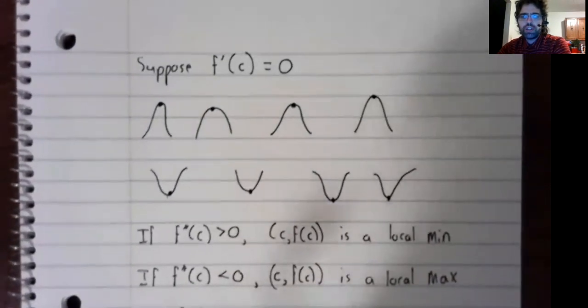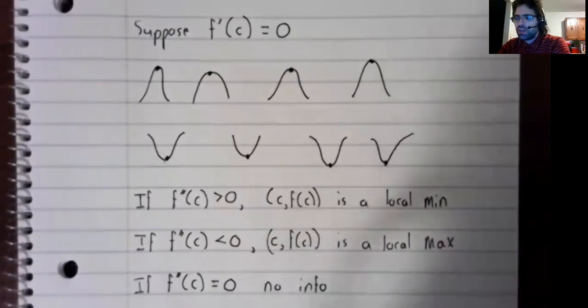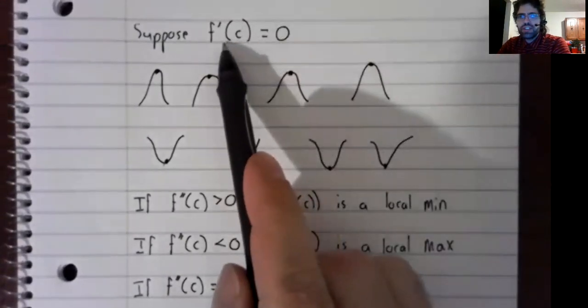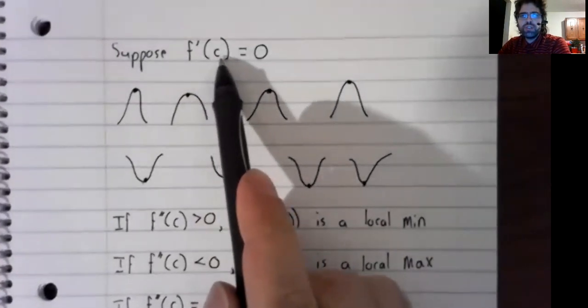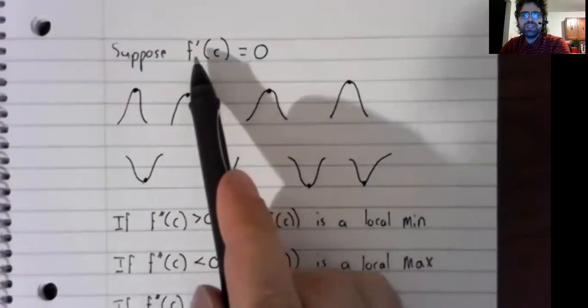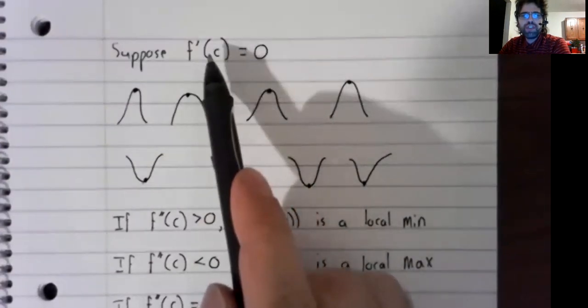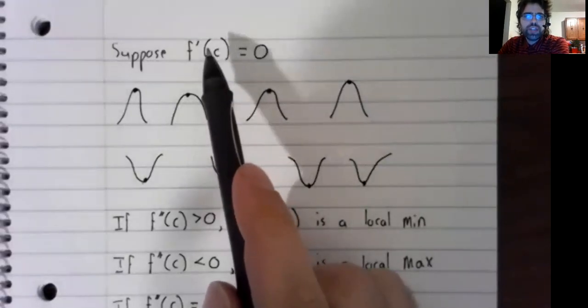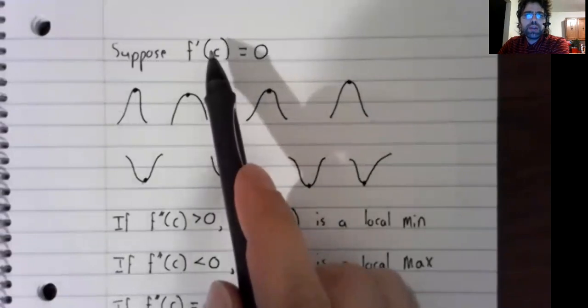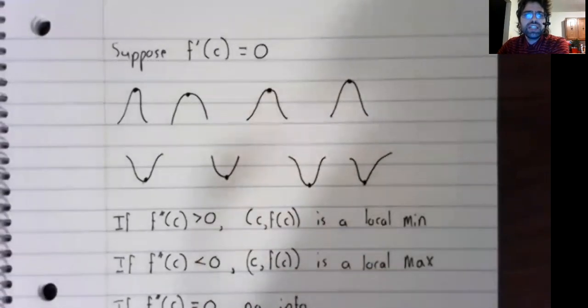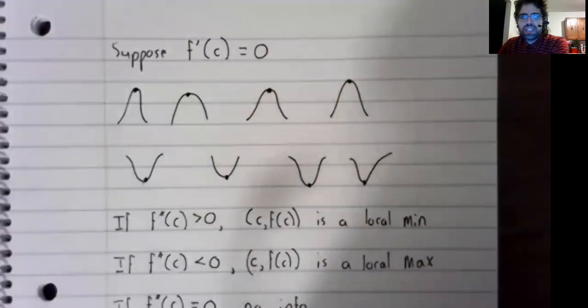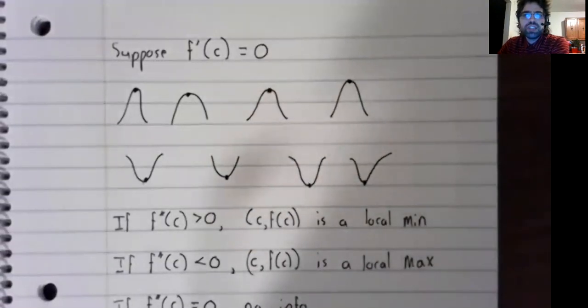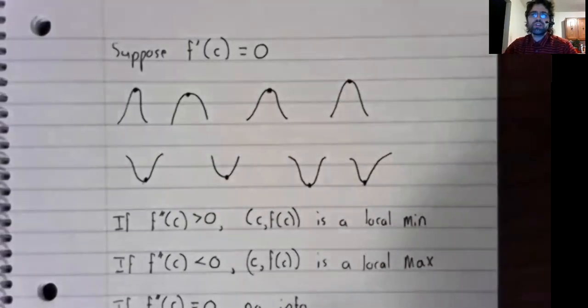Also, recalling what I said earlier, this test can only be used to classify some critical values. There are local maxima and local minima where the derivative doesn't exist, and the second derivative test is not helpful for classifying those.